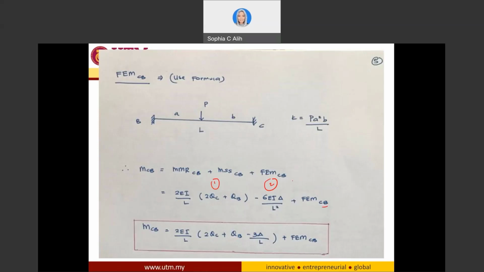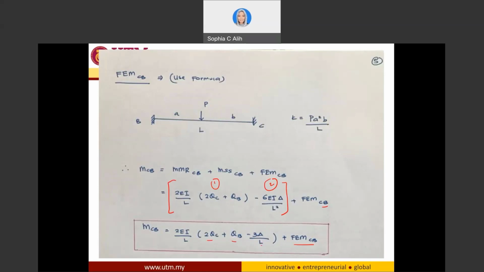moment for CB. Now if I make this equation simplified, for end moment of CB, I will have 2EI over L times 2 theta C plus theta B minus 3 delta over L, and then I add the fixed end moment of CB.